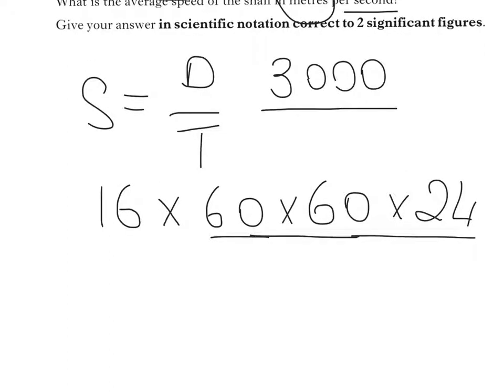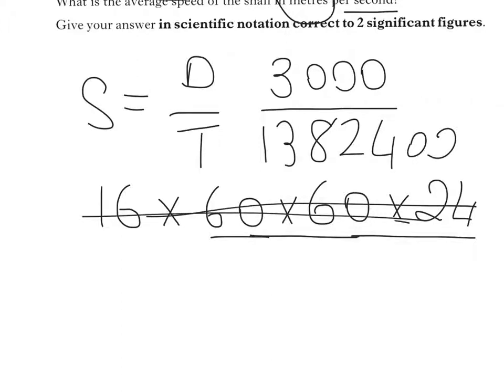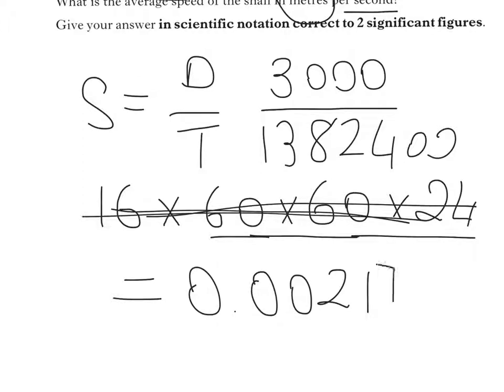That'll give me 1,382,400. 3,000 divided by that will give me 0.002170138.